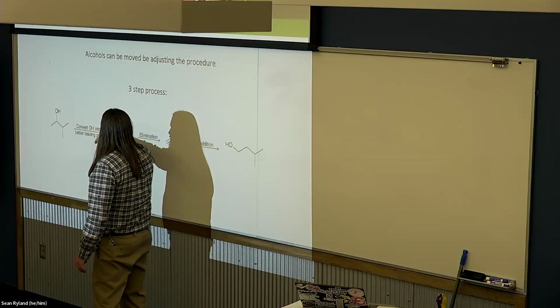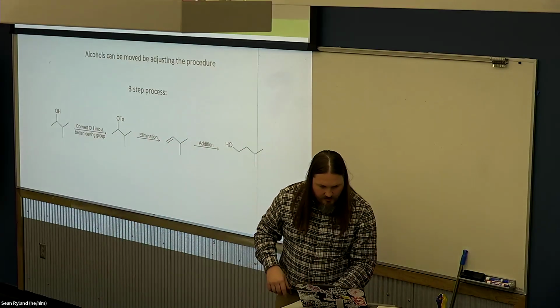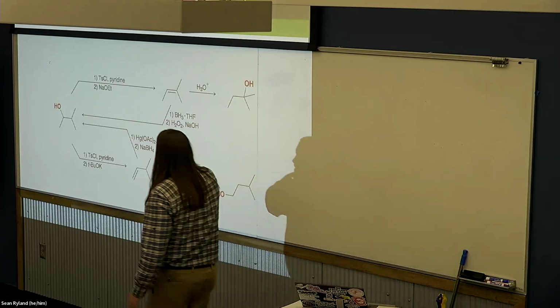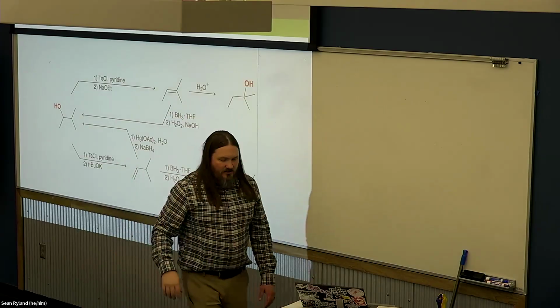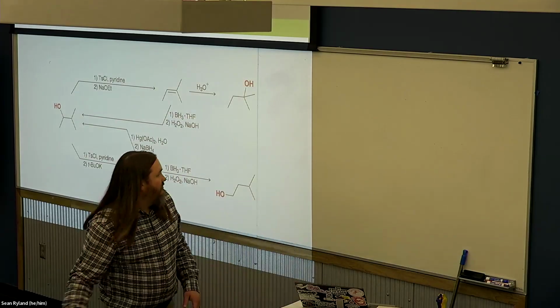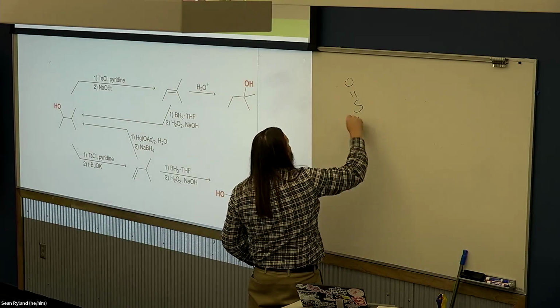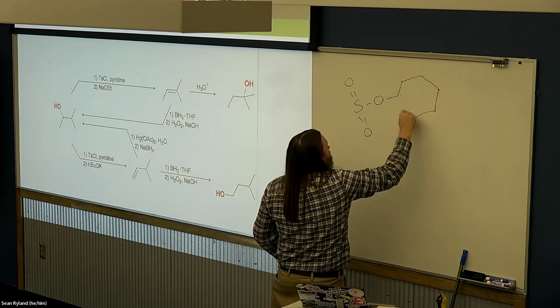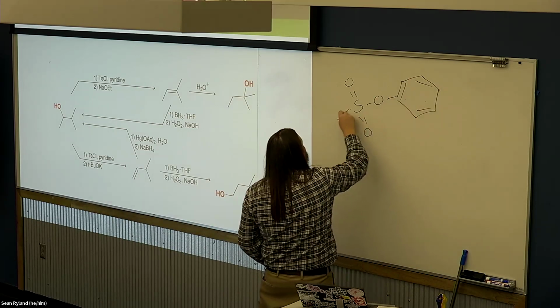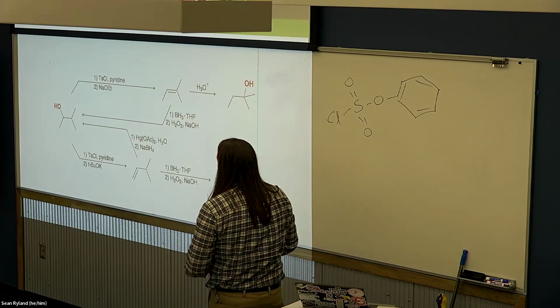Basically, we write it like this, but basically tosyl chloride is, let's say it's S. That's the chloride version.